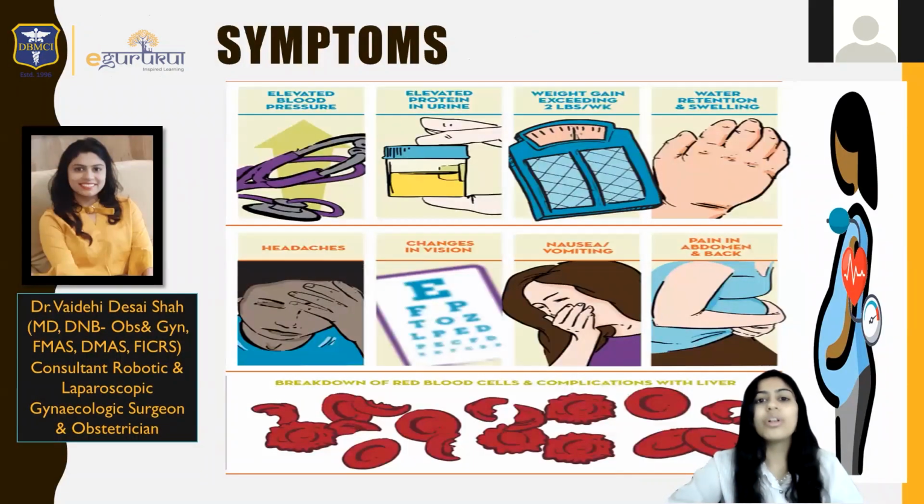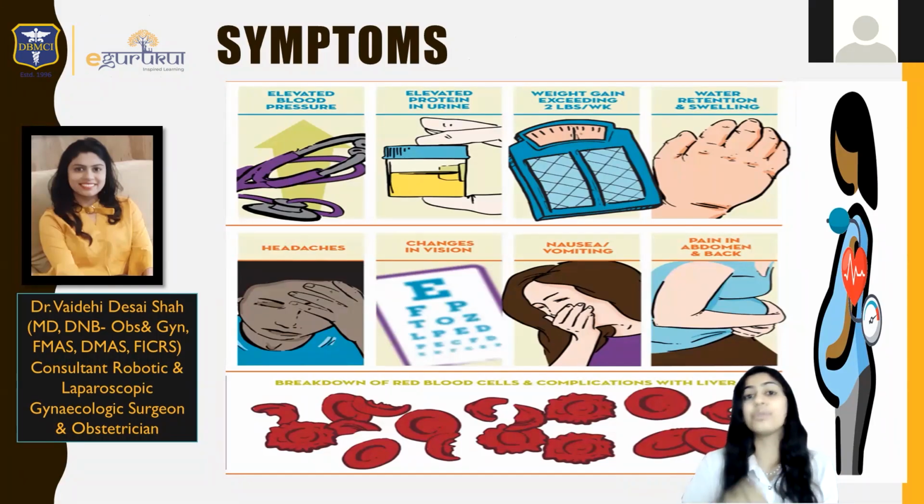Now, because of this, it can lead to varied symptoms. Remember that preeclampsia causes end organ damage, so every organ system is affected.